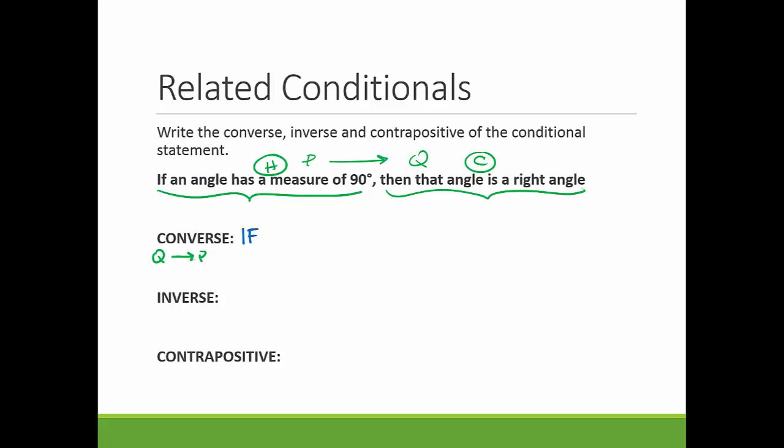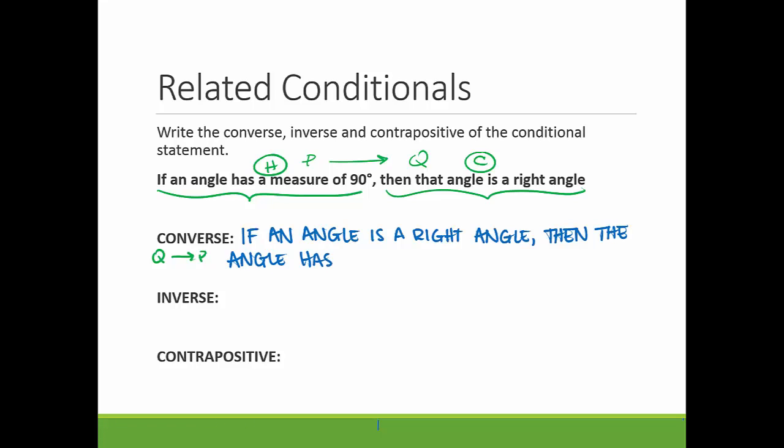If an angle is a right angle, then it has a measure of 90 degrees.